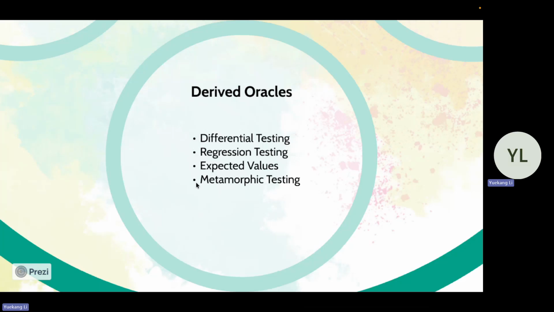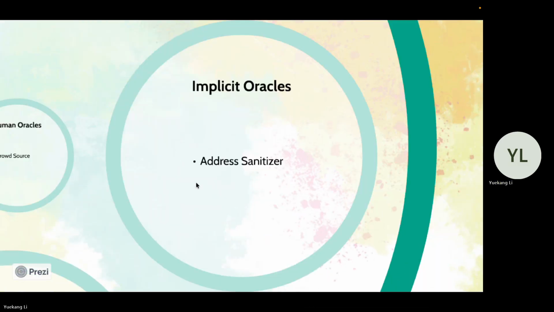So instead of comparing the output with an expected value, we can apply the metamorphic rules to check the correctness of the program. And for this part, you may also expect some coding tasks, especially for metamorphic testing.